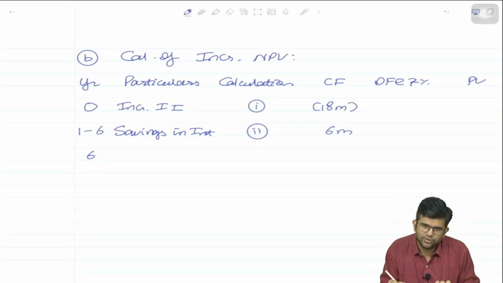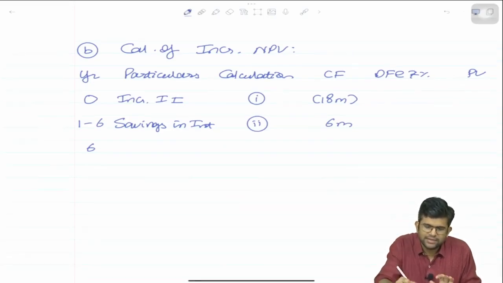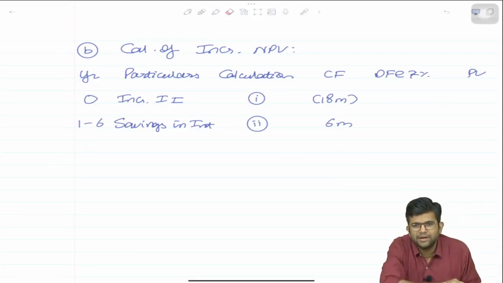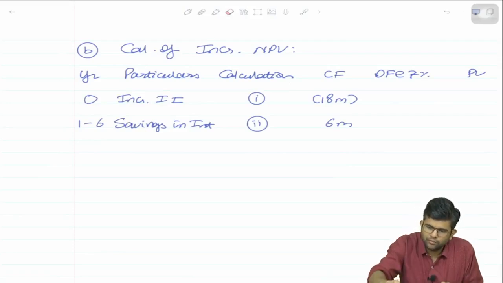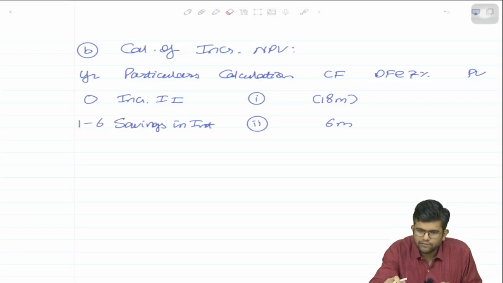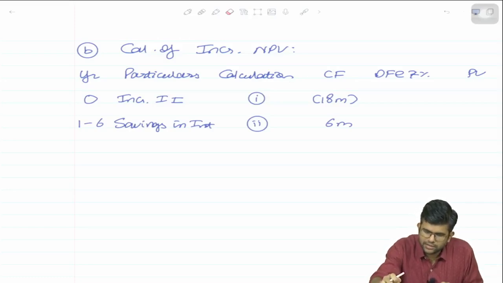And then 6th year, not interested, even if I write now, 0 is there. So then what should we do? We should then say 1 divided by 1.07, 1, 2, 3, 4, 5, 6. And this is GT.